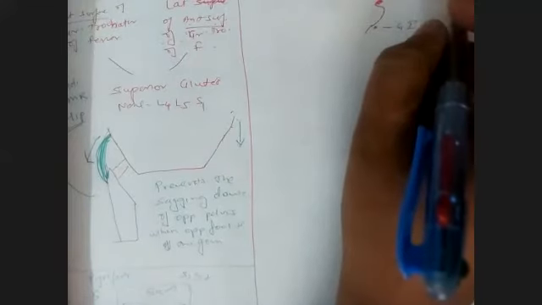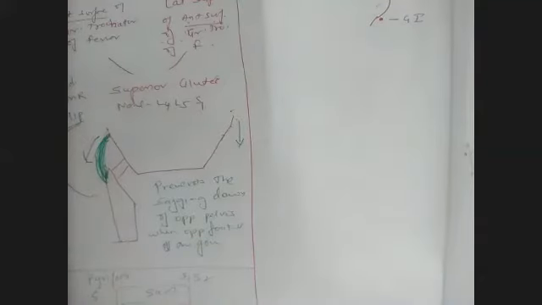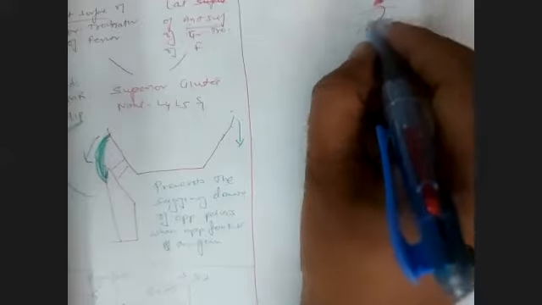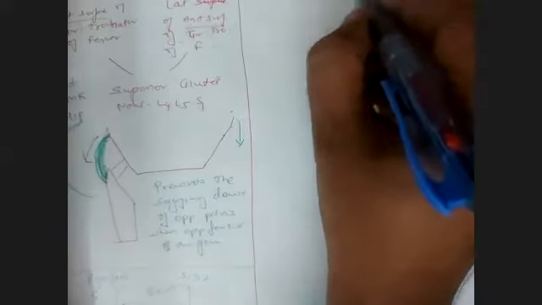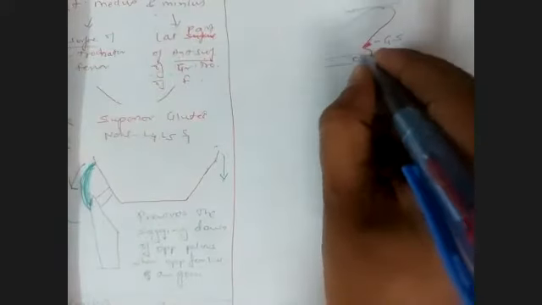In between them is the obturator internus muscle, which is on the inner side of the obturator foramen. That obturator internus comes through the lesser sciatic notch. That means piriformis comes through the greater sciatic notch, and through the lesser sciatic notch comes the obturator internus muscle.